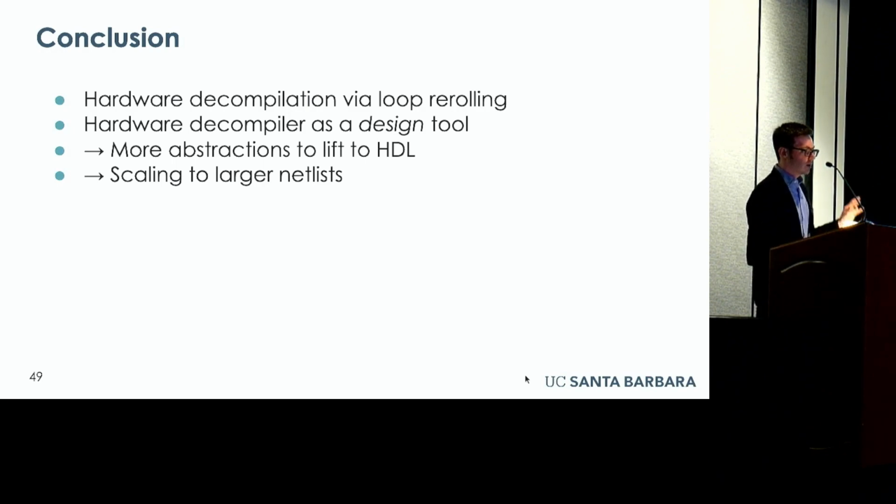One of the things we're interested in is that there's been other work in finding module boundaries in netlists. I think that can be pretty complementary to what we're doing, because the way we're treating this is kind of per module, right? So if we can take a larger design, split it up into modules, and then do these decompilation techniques on a module by module basis, then we can try scaling things up that way.